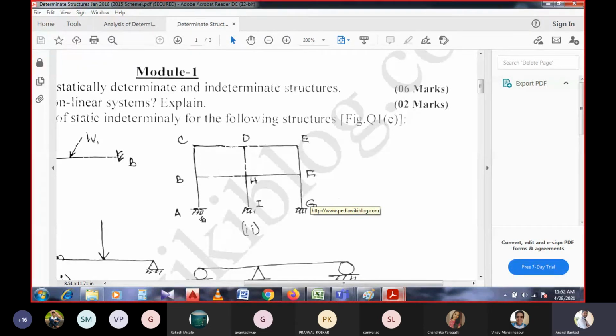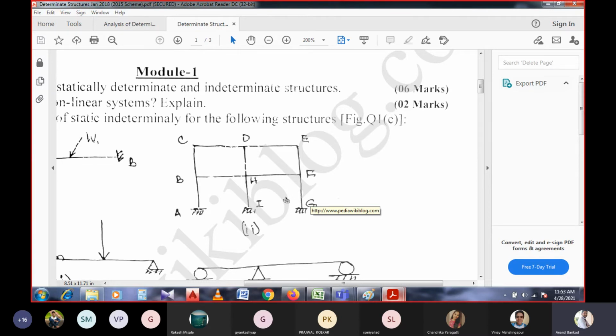Each support will have 3 reactions. 3 plus 3 plus 3 will be 9 reactions, correct? So 9 minus 3, that is R minus 3, externally it has 6 statical indeterminacy.